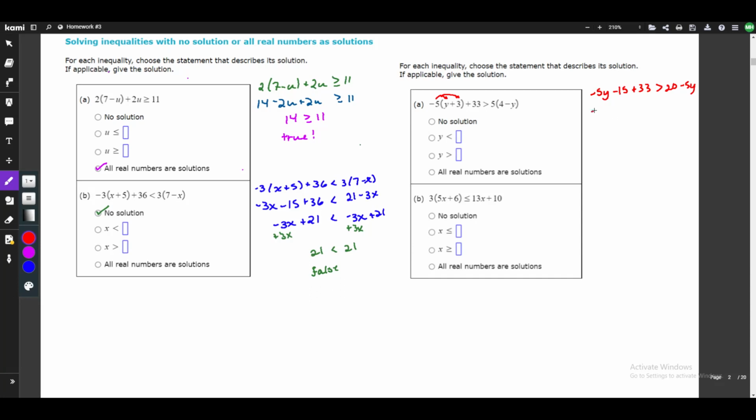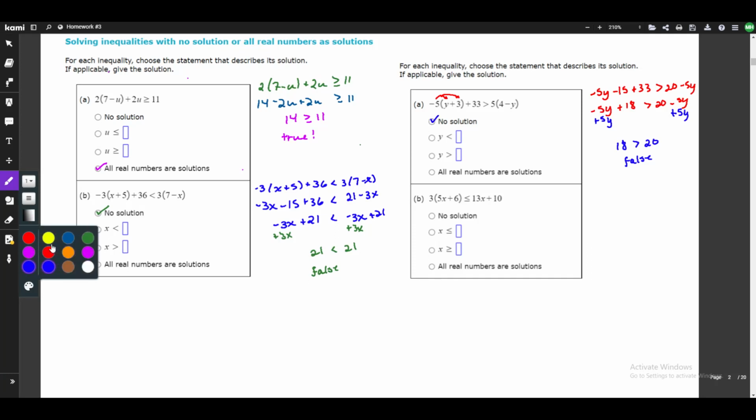Simplifying, I have negative 5y plus 18 is greater than 20 minus 5y. Just so that I have things that look good, I'm going to add the 5y to both sides. And I have 18 is greater than 20. This is false. So there is no solution here.